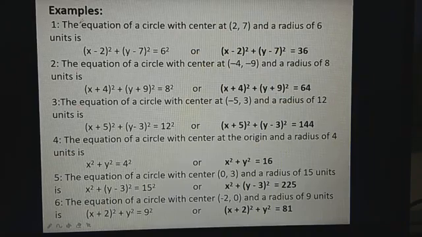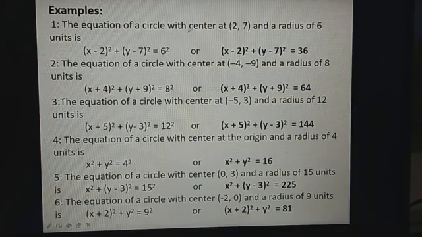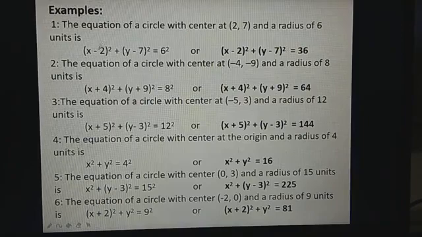So example number 1. The equation of a circle with center at (2, 7) and a radius of 6 units is, so the value of h is 2, the value of k is 7, and the value of r is 6. So, ang gagamitin natin ay yung first form of the equation of the circle which is the quantity of x minus h squared plus the quantity of y minus k squared is equal to r squared. So, i-replace na natin yung value ng h.